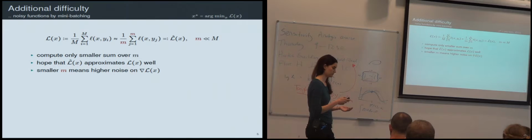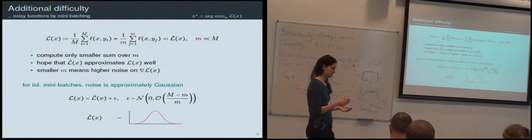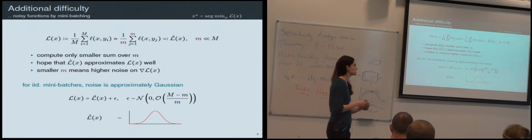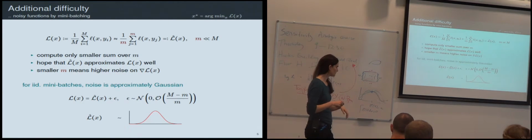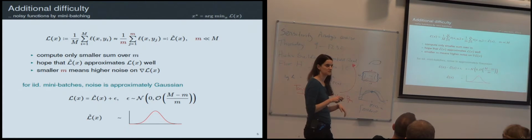But the problem now is that L hat is not exact anymore. It's an estimator. And the gradient as well, because differentiation is just a linear map. And this estimator is approximately Gaussian distributed because it is the sum of random numbers. Okay? So we have an estimator with approximate Gaussian noise.